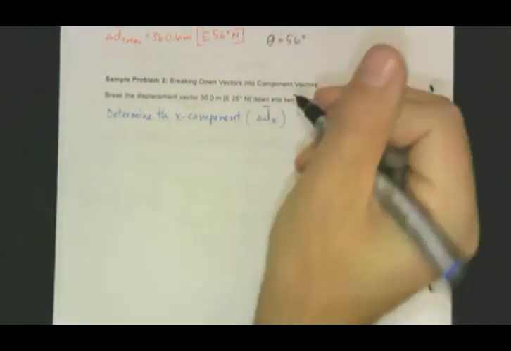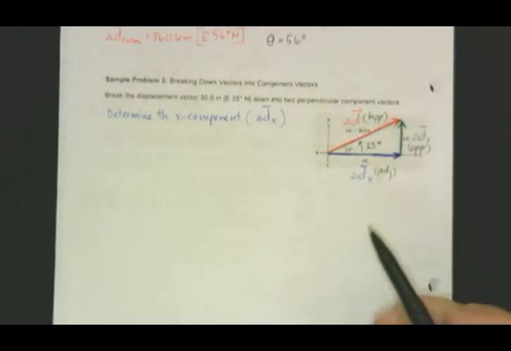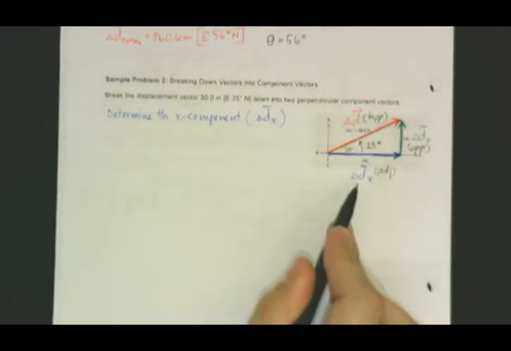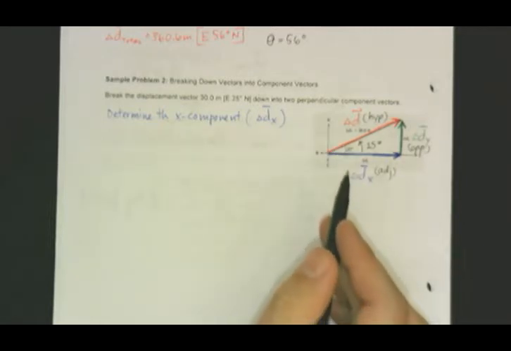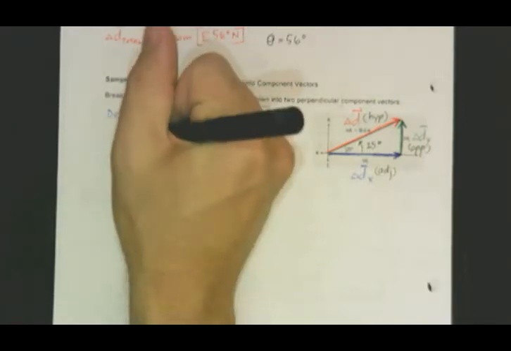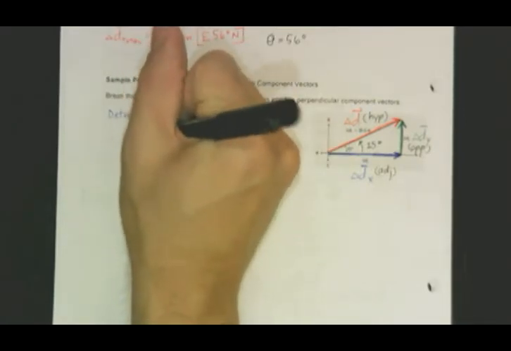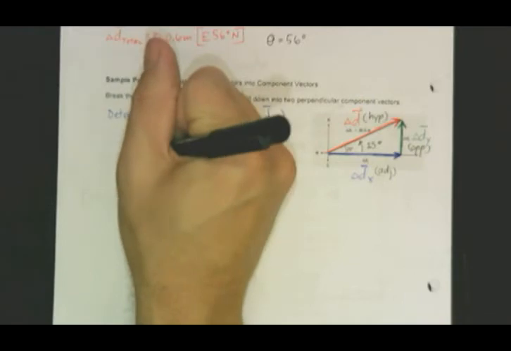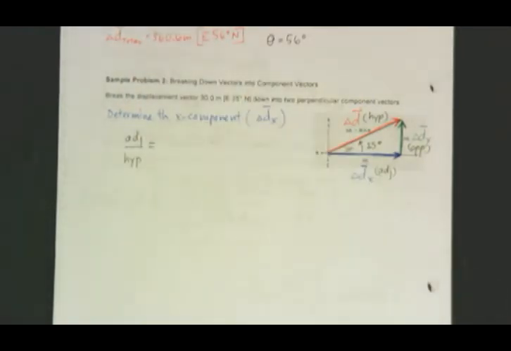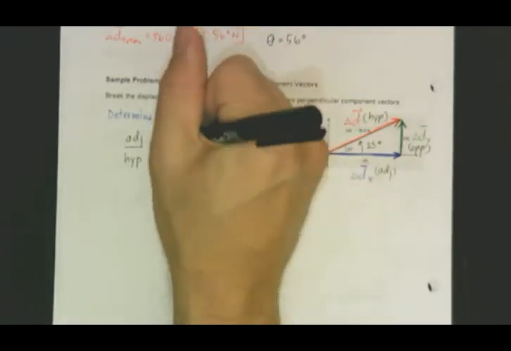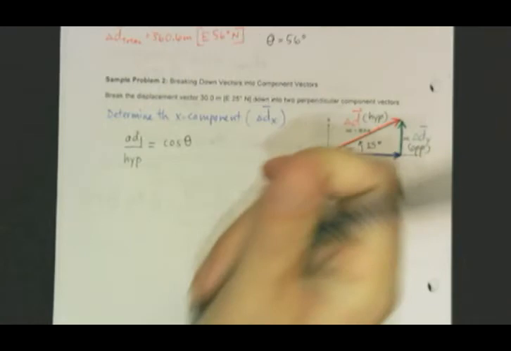So we're going to find the x component. In order to do so, I'm going to use the adjacent and what is known, the hypotenuse. So adjacent and hypotenuse. Can anyone tell me what relationship that is? Anthony? Cosine. Yep. Cosine theta.